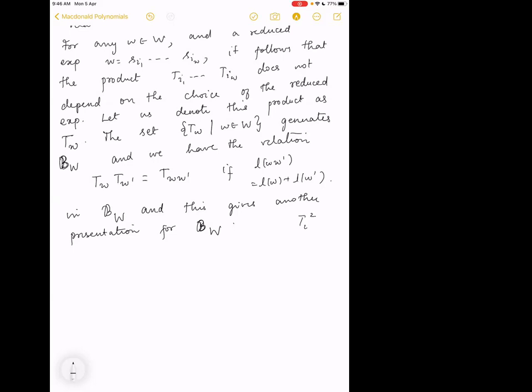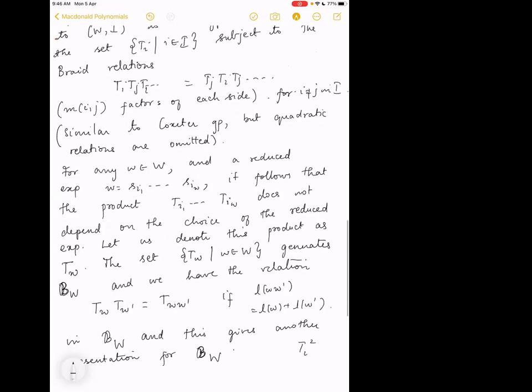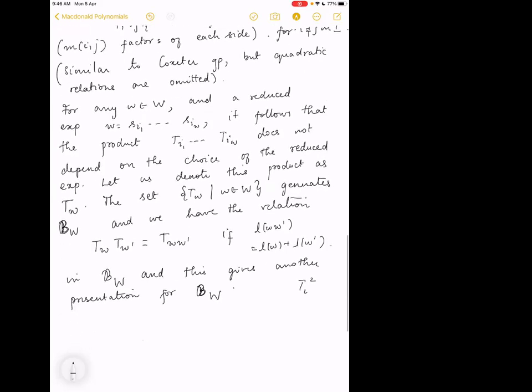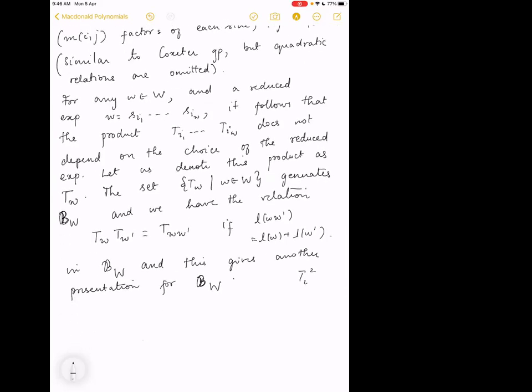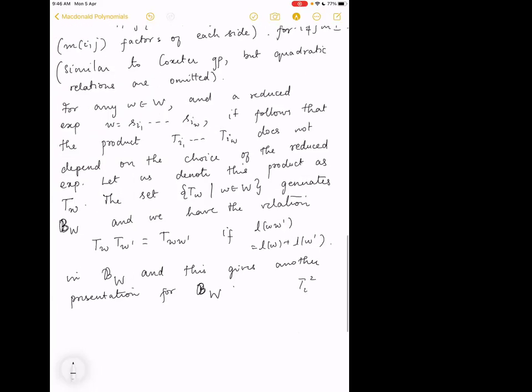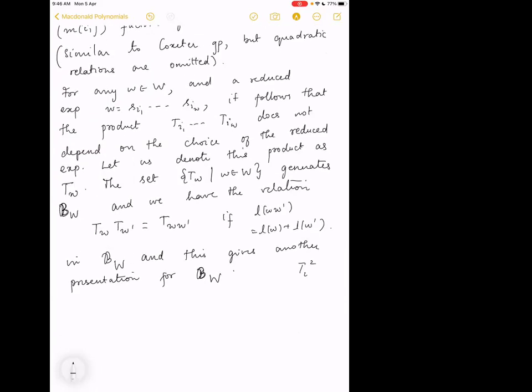I have a question. Say T_w generates B_W, but doesn't T_i itself generate B_W? Yes, it does. The T_i's obviously generate. I was trying to write down a presentation with the T_w as generators and this relation. So this is an alternate presentation to what we had earlier.